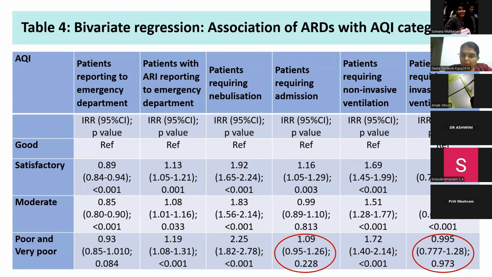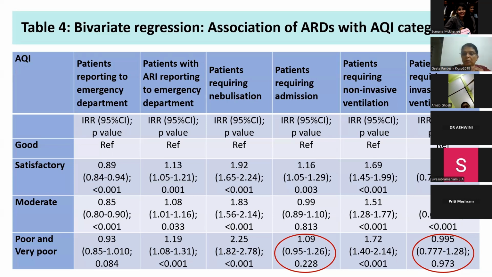because now we are using regression, the regression which I am using is going to tell me an incidence rate ratio, right? So this is going to tell me the rate or the risk of patients coming to the emergency department compared to a good AQI category.